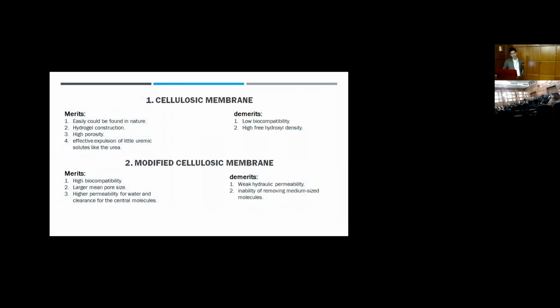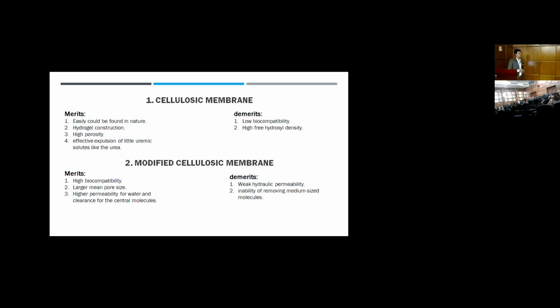First of all, in the very beginning, scientists used the cellulosic membrane in the hemodialyzer, and from its name, it consists of cellulosic membranes fitted together, manufactured from a saccharide called cellulose.